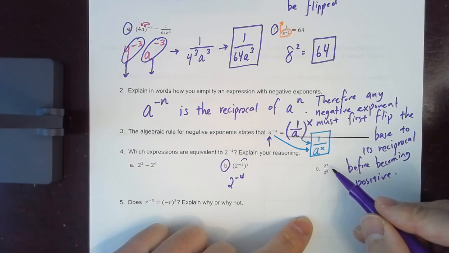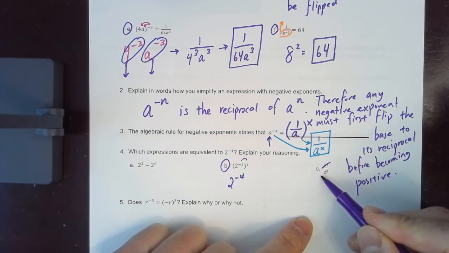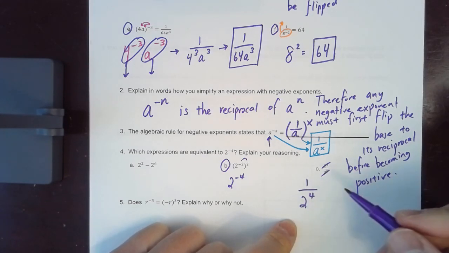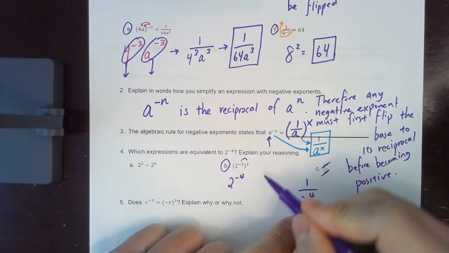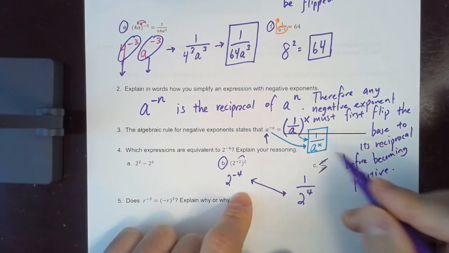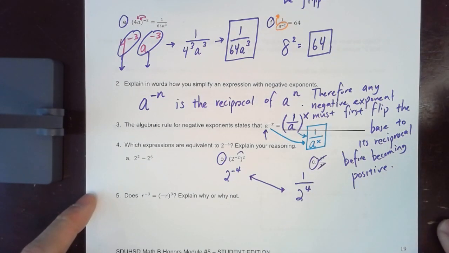Well, do we see that we have an excess amount of 2's on the bottom, right? You would say 4 2's cancel from the top and 4 2's cancel from the bottom, and that would leave you with 1 over 2 to the fourth on the bottom, which we've also realized is equivalent to 2 to the negative 4, right? So C does work as well.